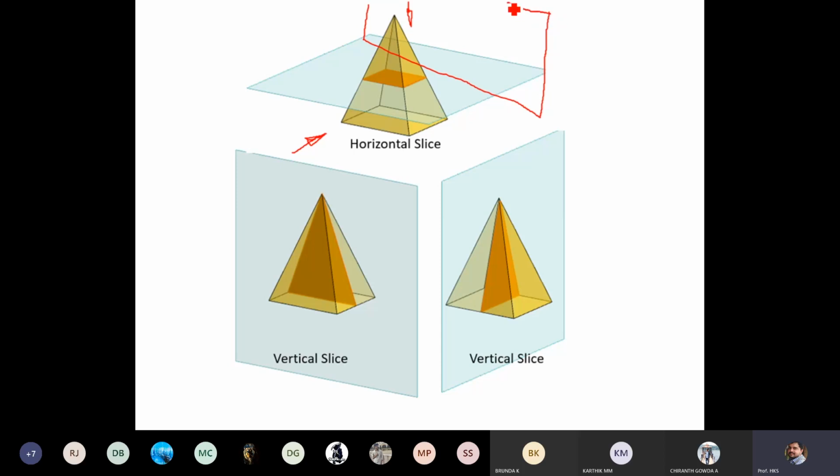This horizontal plane makes an inclination of 90 degrees with it, meaning it is perpendicular to VP. Next, it should be tilted, lifted such that it makes an inclination of 45 degrees.